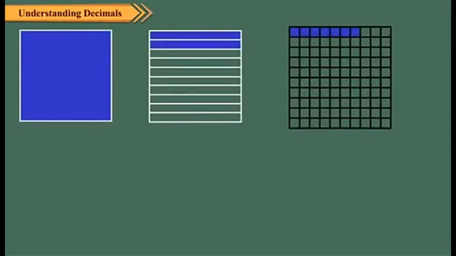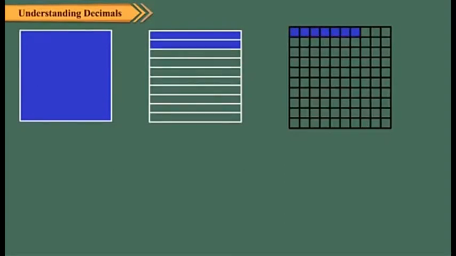Now, can you tell what the shaded portion here shows? Here, one complete square is shaded. The 2 parts out of 10 equal parts are shaded. And finally, 7 parts out of 100 equal parts are shaded.